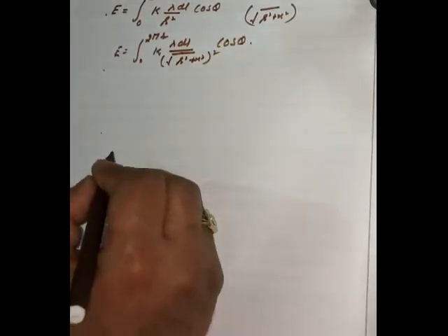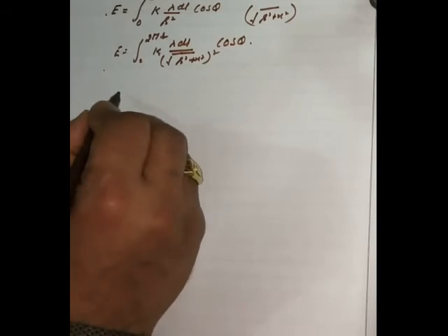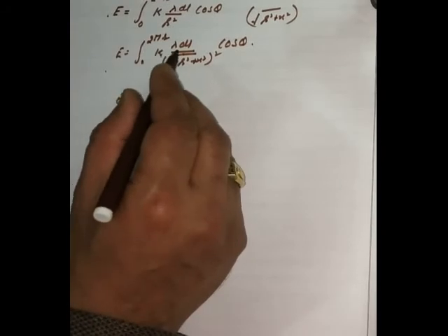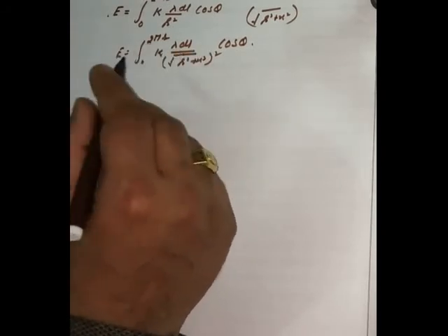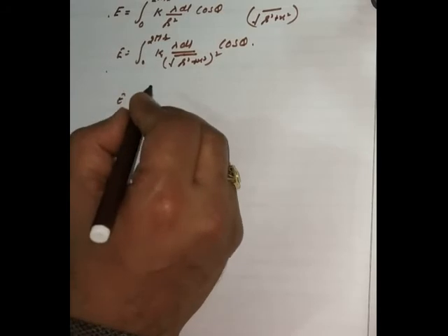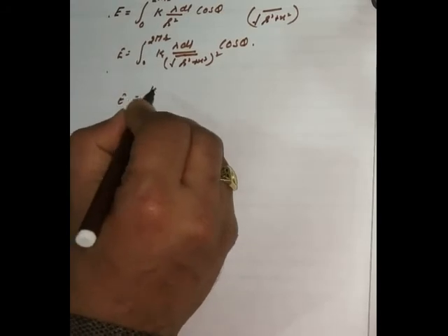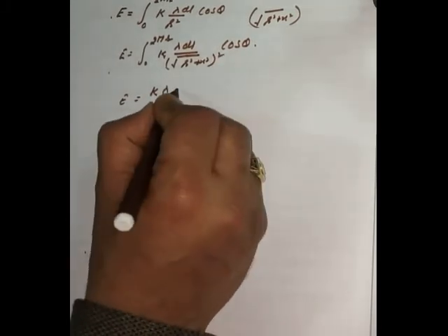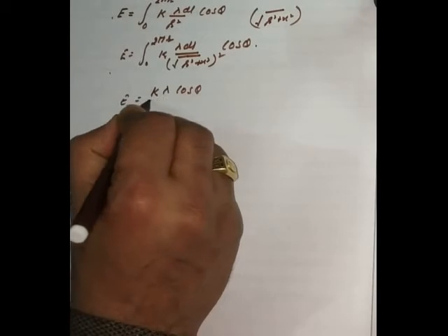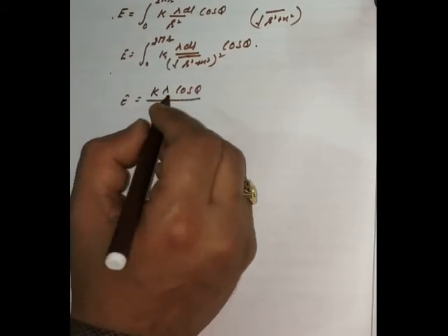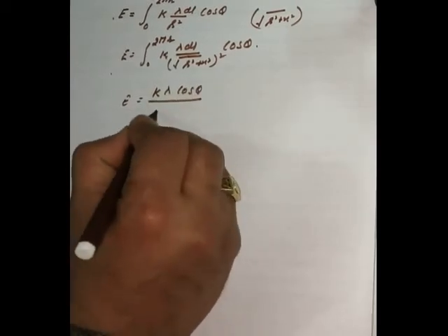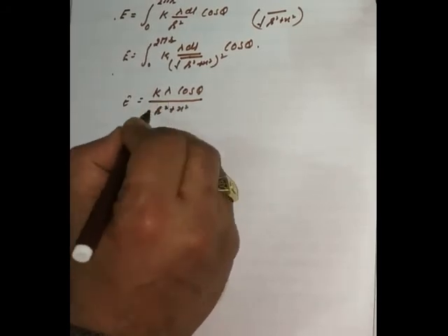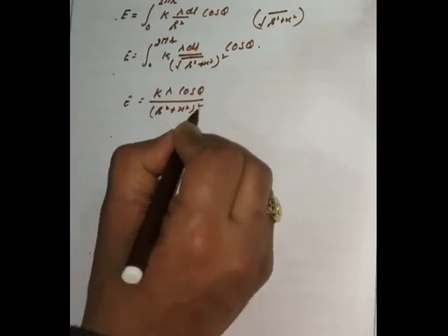Then here you can write electric field E will become, the constant quantities come outside the integration. So here you can write k lambda cos theta is constant, cos theta upon r square plus x square whole square.